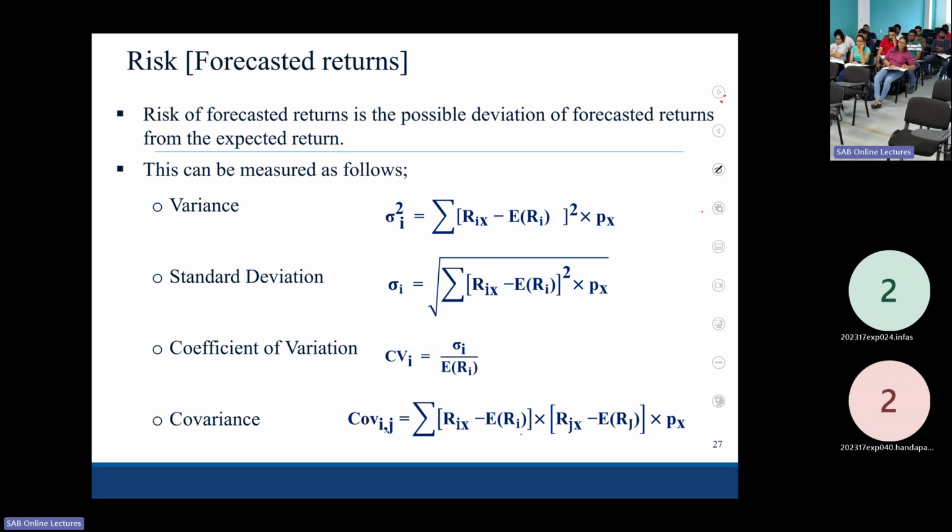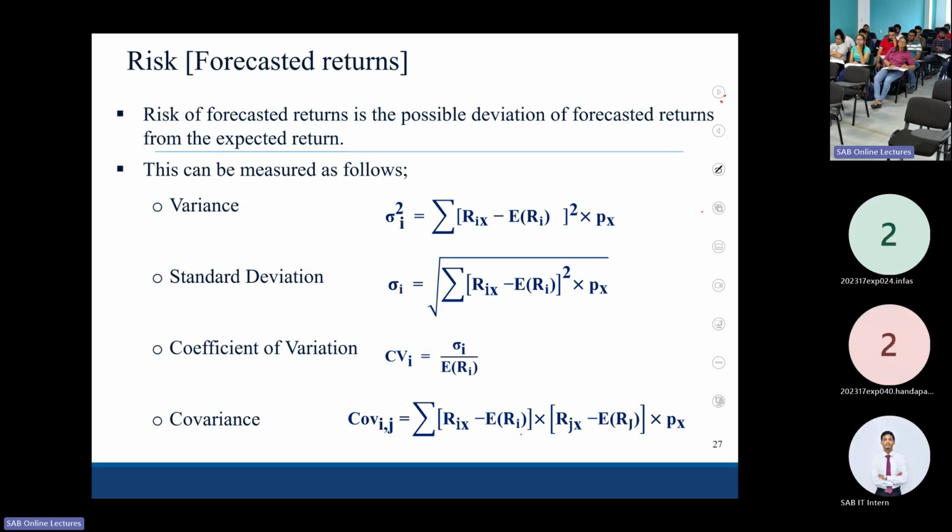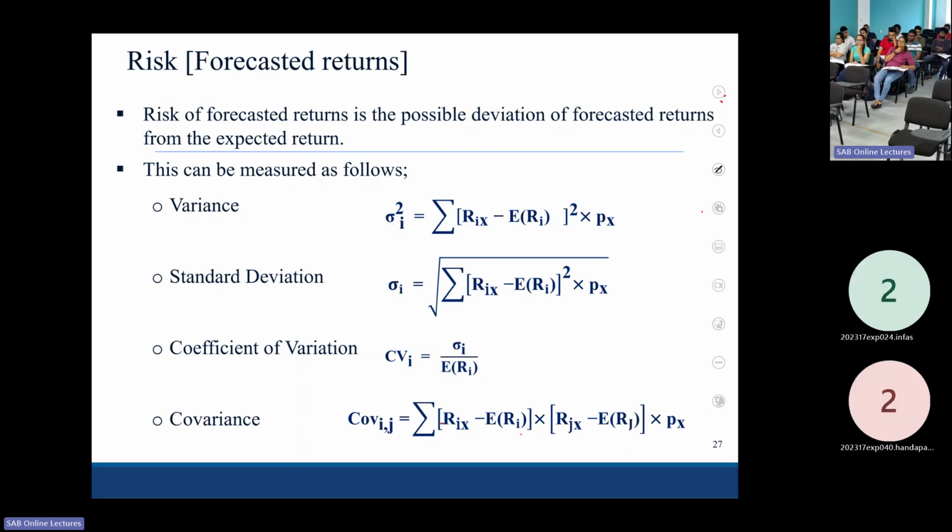Right? If you have four states of economy, then go to the next. Forecasted return of stock x under the state of economy 2, its deviation from the expected return of stock x, multiplied by the forecasted return of stock y under the state of economy 2, its deviation from its expected return, into the probability of the second state of economy happening.